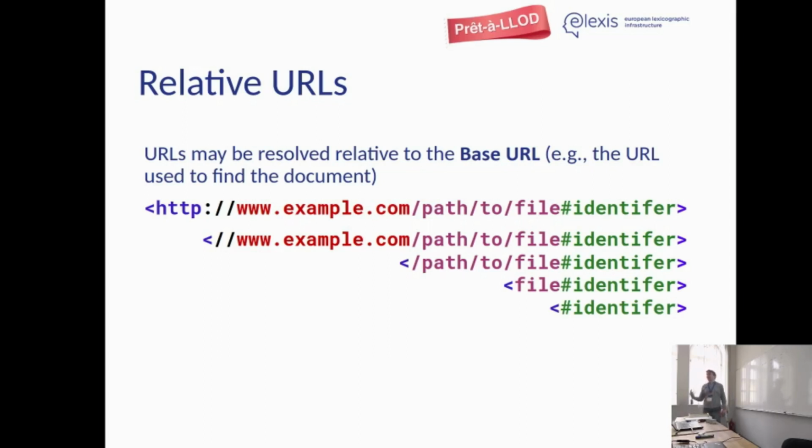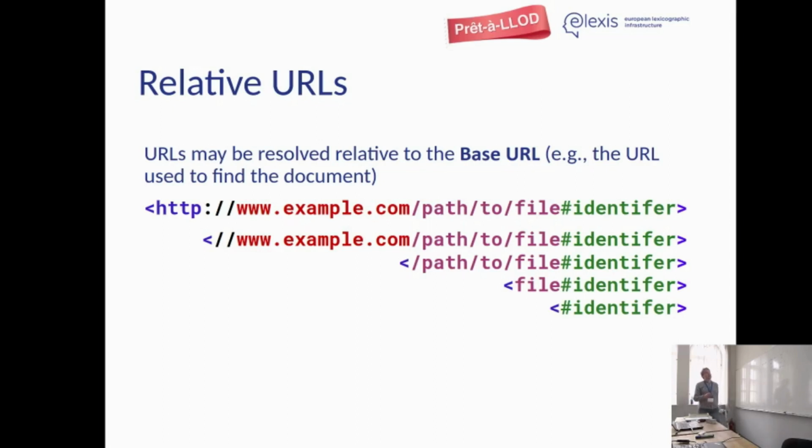So we're assuming that the client knows which protocol to use. This is often used in web pages because it allows the client to choose the most appropriate protocol. Less commonly in RDF. However, more commonly we have the path, which can either be shortened to an absolute path, from the root of the server, starting with a slash, or a relative path, from the current document to another document.